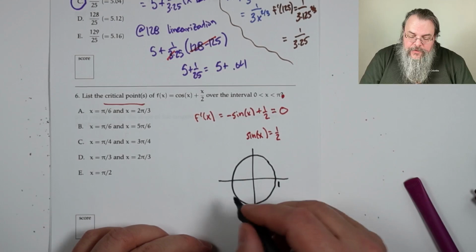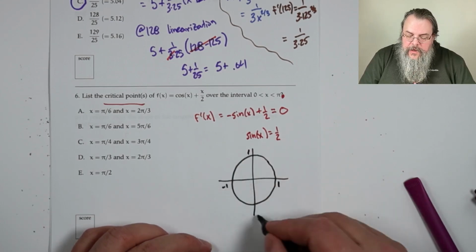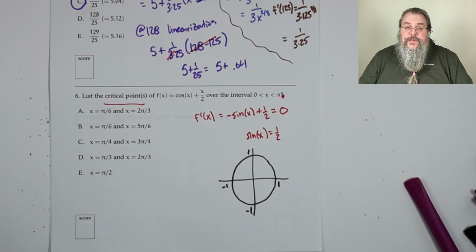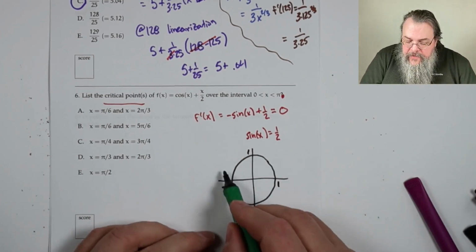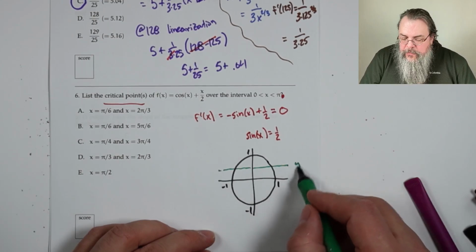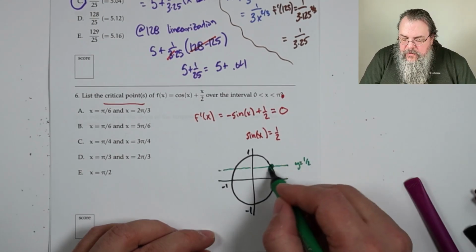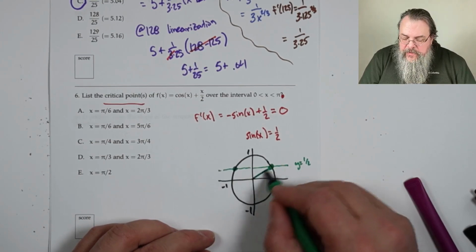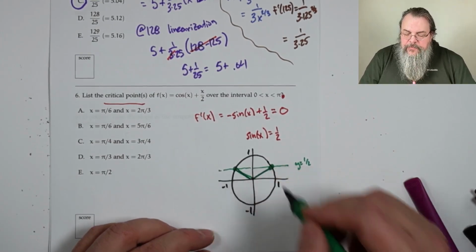The x values are the cosines, the y values are the sines. So if I want to know when sine equals a half, I'm looking for where the unit circle hits the line y equals a half. These are my important places, and in particular, my important angles.